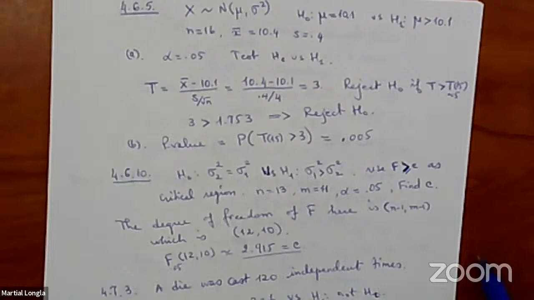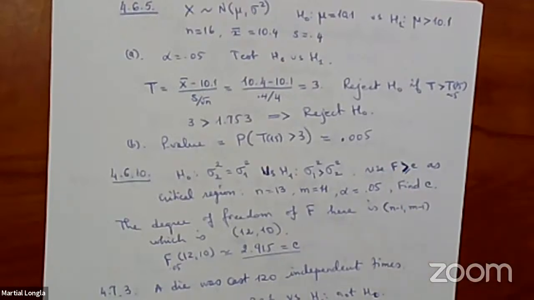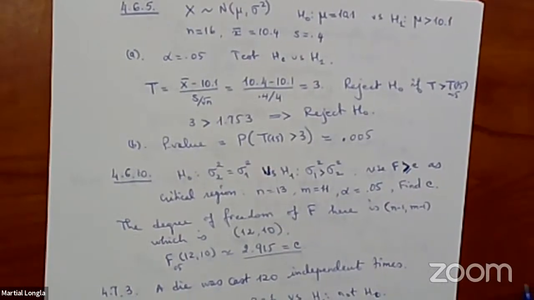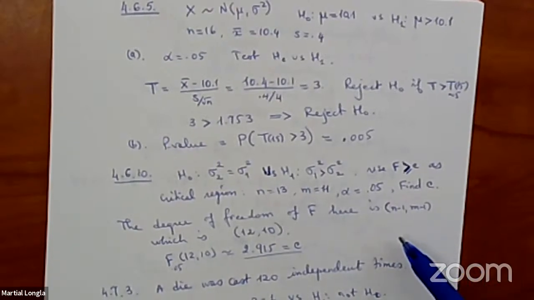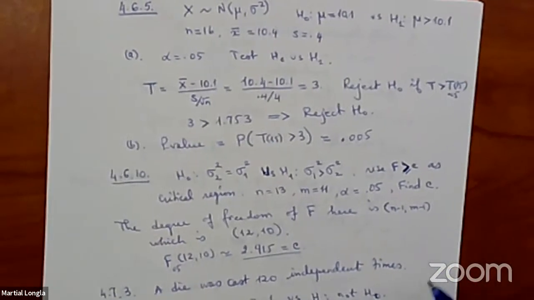Can you use that to tell us here in this problem what C would be if the rejection rule says reject if F is larger than or equal to C, where F is that ratio of the variances you have here? But technically, all you needed to do was to find the degrees of freedom, because they didn't ask you to compute anything. They just asked you to find the C, the critical value for alpha equals 0.05.